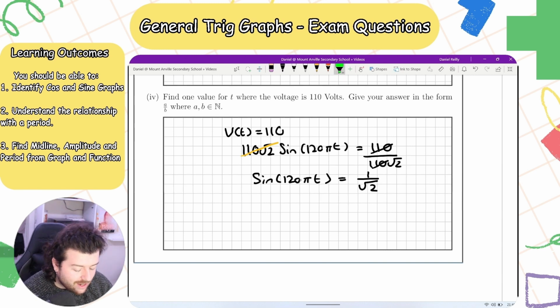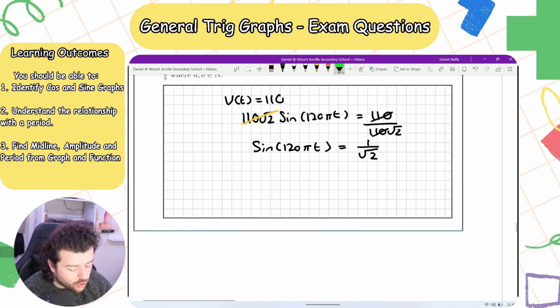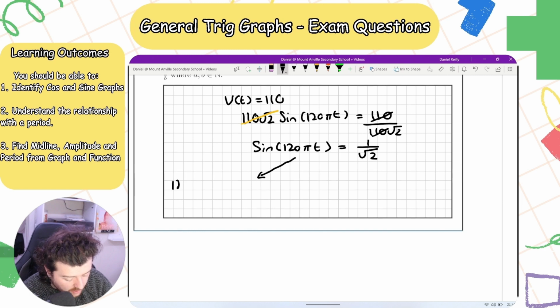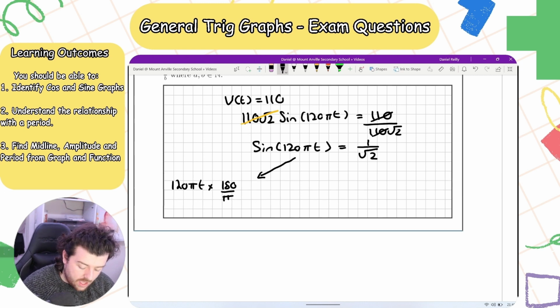But my angle in here is in radians, so it's up to you what you want to do. You could convert this to degrees. If you were to convert this to degrees, you would multiply the 120 pi t by 180 over pi, which is equal to something big, like 21600 t.